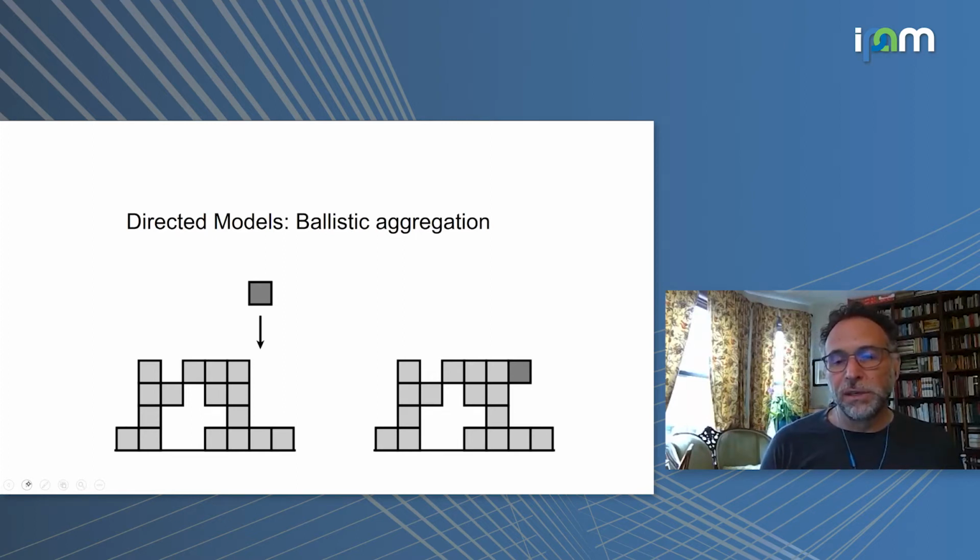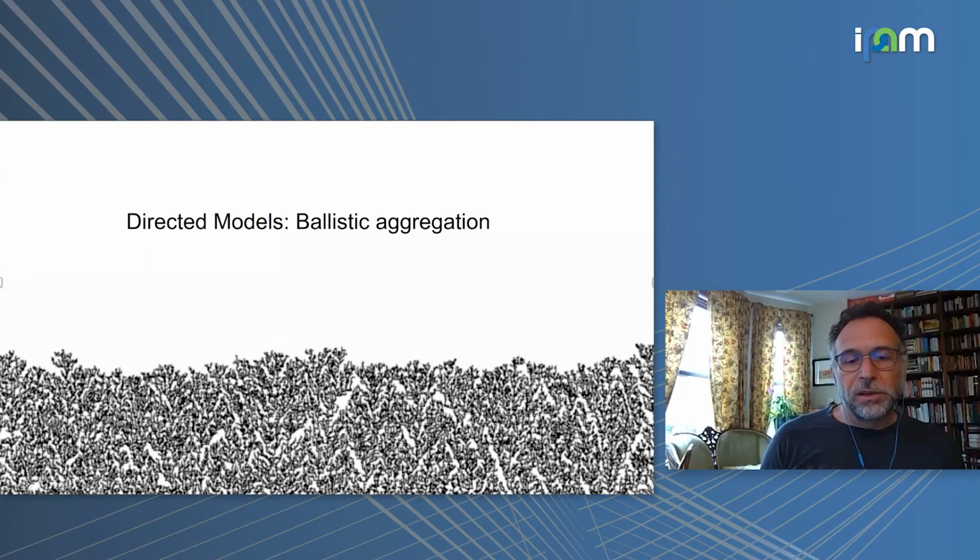So you see in this picture the block falling down and sticking to the side. So here's what it looks like on a large scale. This is this ballistic aggregation, and you can see the height function, though it's not exactly drawn there. I could draw it. The height function sort of looks like that.